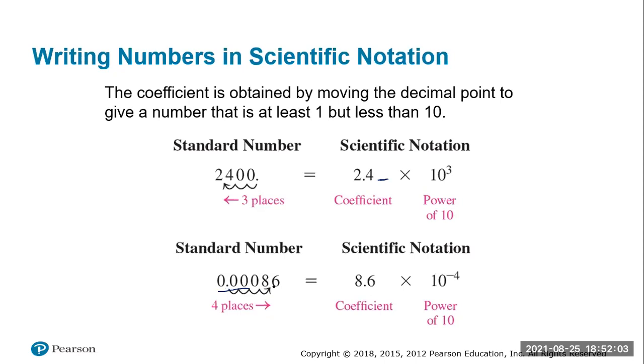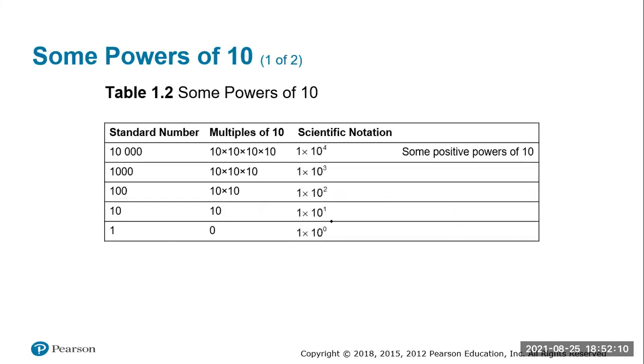But if we come this way, we get 8.6 times 10 to the minus 4. If somebody says, hey, this is like 10 to the 4, what that really means is it is 1 times 10 to the 4, which means you can put it into your calculator that way as well, by taking 1, your exponent button, and 4, right, would be the way that you would put that into your calculator.